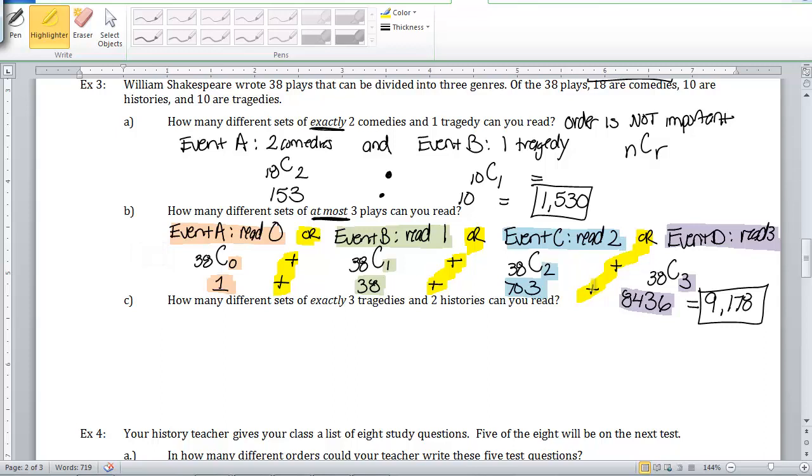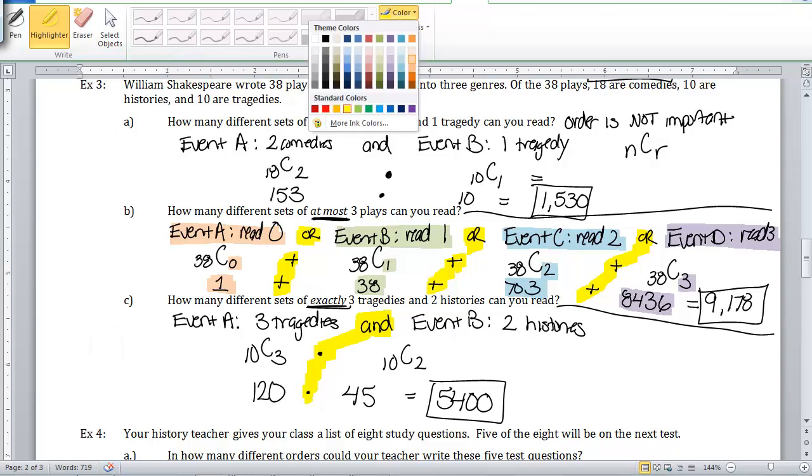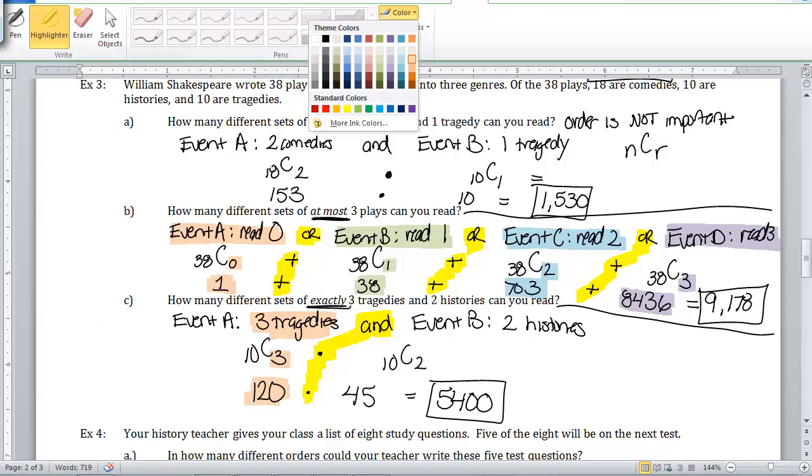Please now pause the video and complete letter C. In example C, because I needed exactly 3 tragedies and 2 histories, and means I need both events to happen, so we had to multiply. And so event A was the 3 tragedies, and from the 10 tragedies I was told there was, if I chose 3 of them, I could do that 120 different ways.